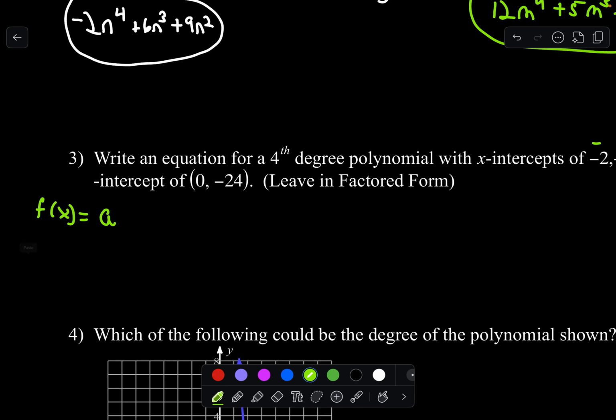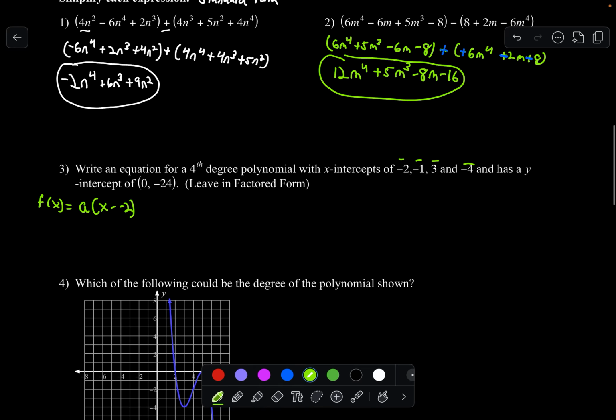We'll have a, the stretching factor, and then our first factor will be x minus a negative 2. That's the first zero, which makes that x plus 2. And then we'll have x minus a negative 1, which turns into x plus 1.